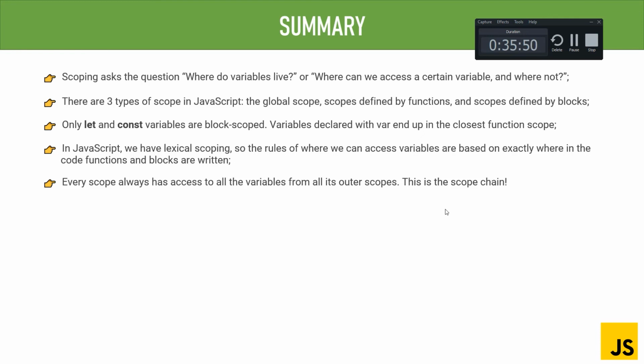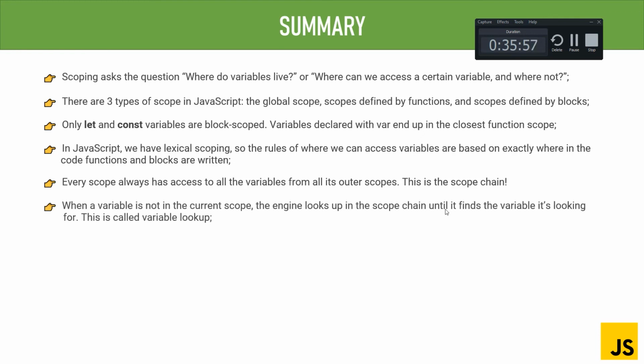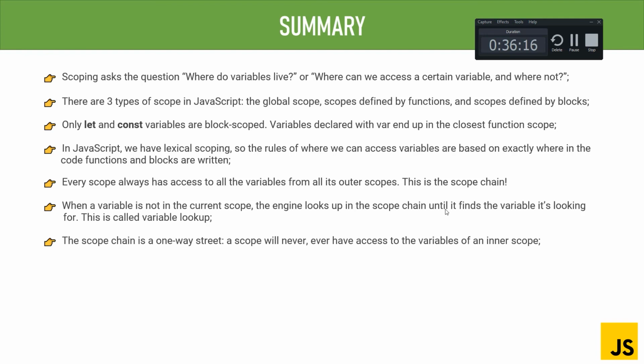And this is what we call the scope chain. When a certain variable is not in the current scope, the engine looks up in the scope chain until it finds the variable that it's looking for. And this process is called a variable lookup. So it's important to note that the scope chain is a one-way street, okay?